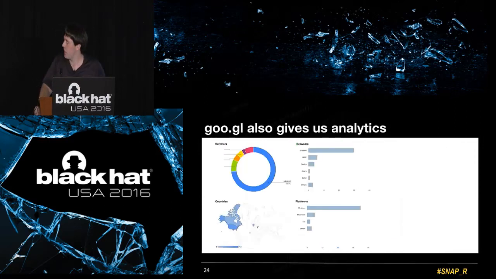Another thing is goo.gl also gives us analytics, which is really, really cool. It tells us what referrers clicked on the link, what countries they're from, the different browsers, for example Chrome, Safari, whatever, and even the platforms. So we can tell if somebody clicked using an iPhone versus Android versus Windows or something like that.